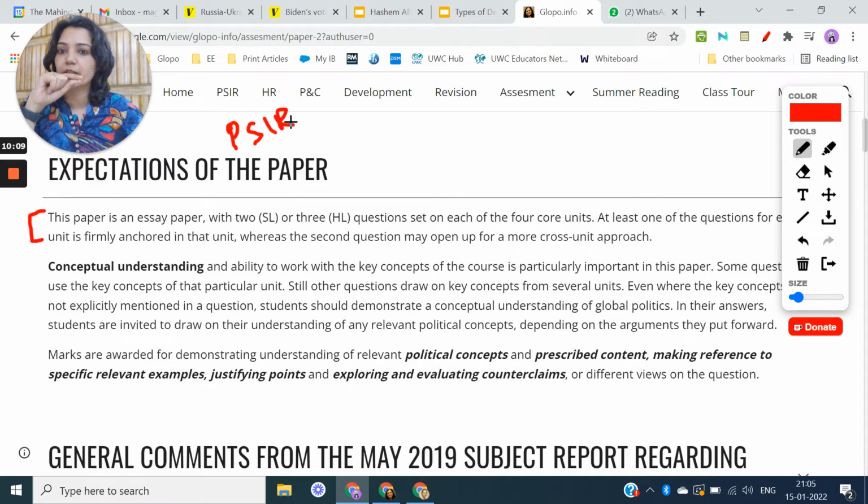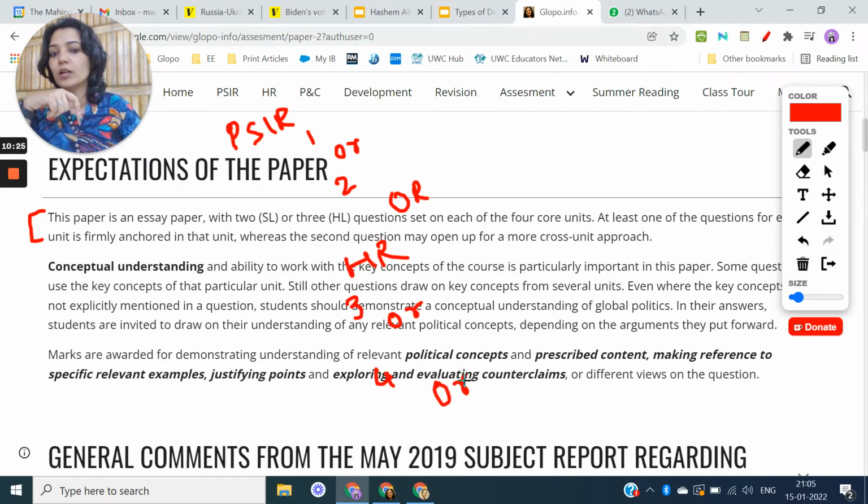PSIR, two questions would be there, 1 or 2. Then there would be a big OR, then there would be the question of human rights, that means 3 or 4, then a big OR, then development would be written, and so forth. 5, 6, then peace and conflict, 7, 8.